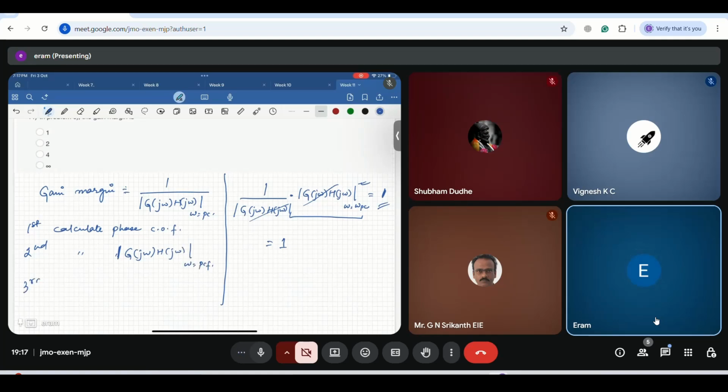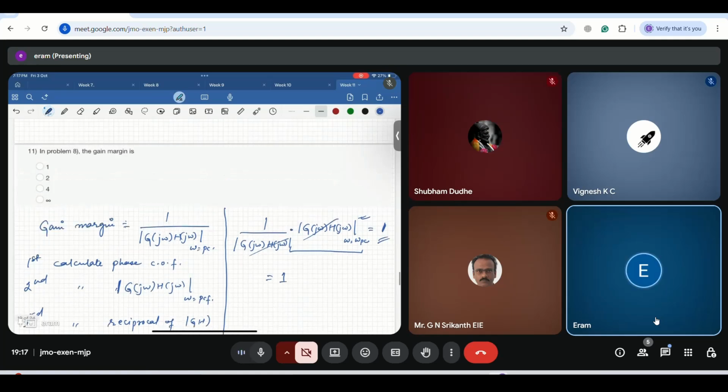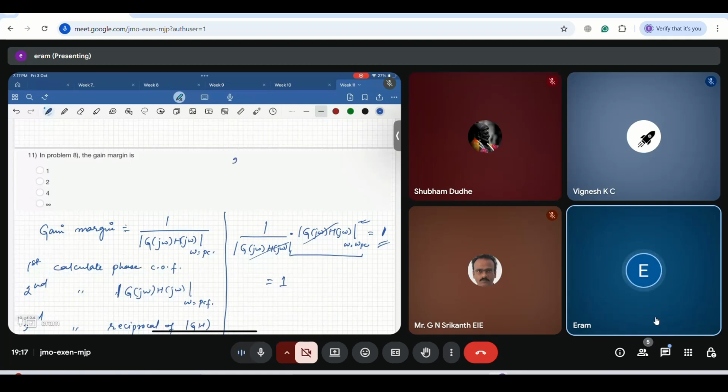And third, calculate the reciprocal of that magnitude. Follow these steps and calculate. Your transfer function was 2 divided by s into (s plus 3).